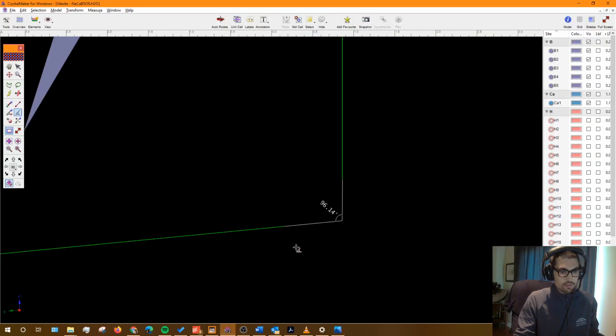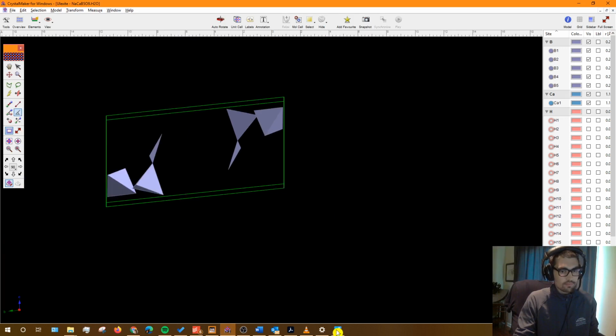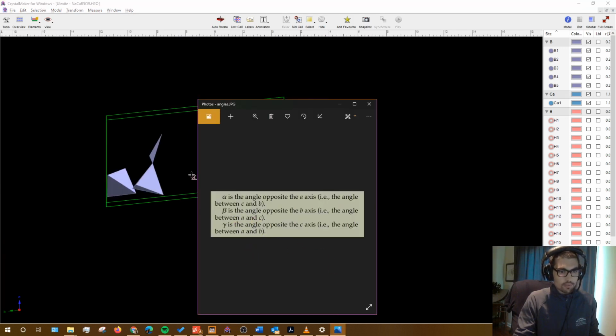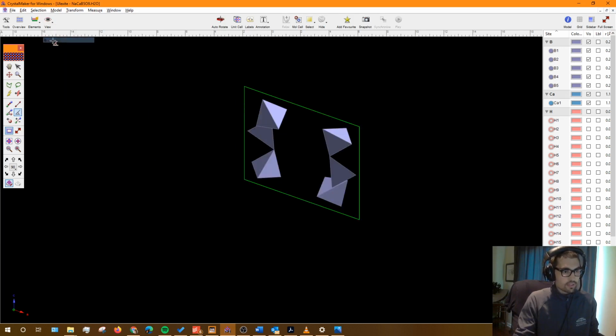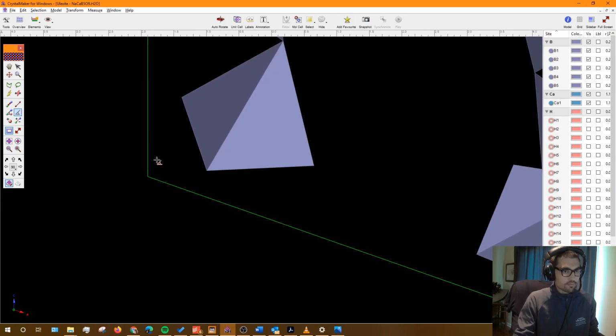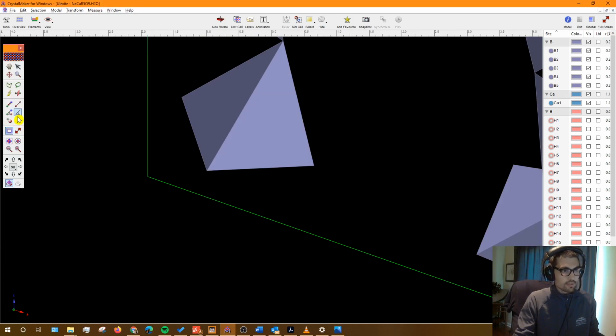So we got to go back to CrystalMaker. We'll zoom out. And again, beta, angle between A and C. I can't see the angle between A and C right now because I'm looking down the A axis. What if I look down the B axis? Oh good, now I can see it. C is going up and down, A is running side to side. So this corner is going to be the beta angle between A and C. I still have my angle measuring tool selected.